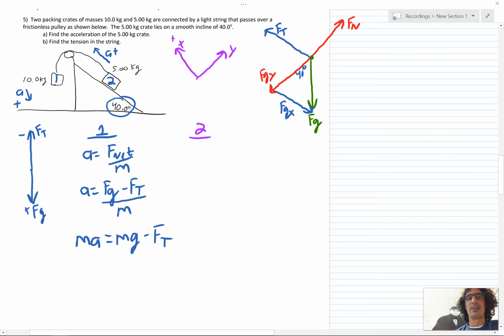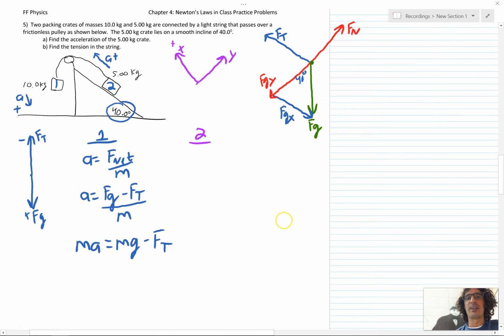Now that we have this, let's look at the direction that object 2 is accelerating. It's accelerating in the x direction. So let's start off analyzing Newton's second law in the x direction, and hopefully we don't have to do the y direction as well. A equals F net over m.